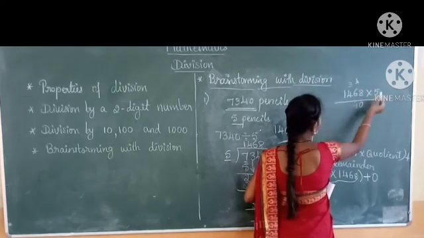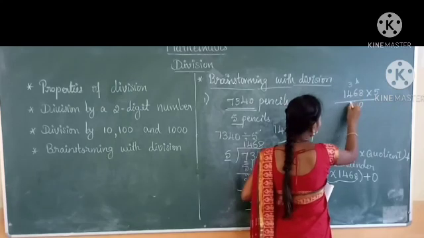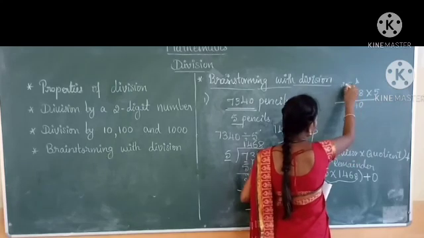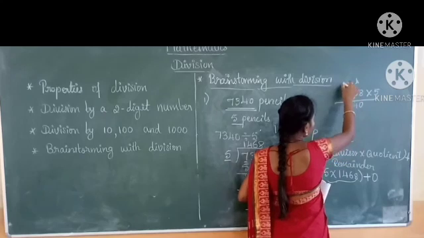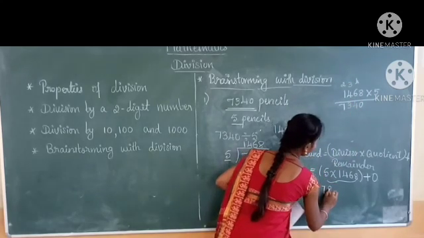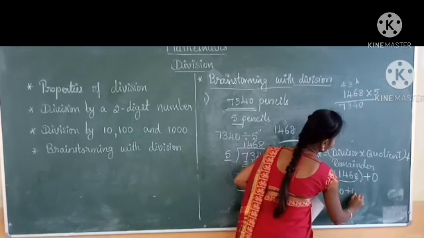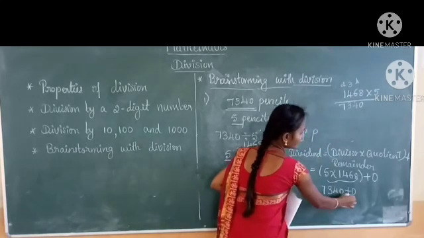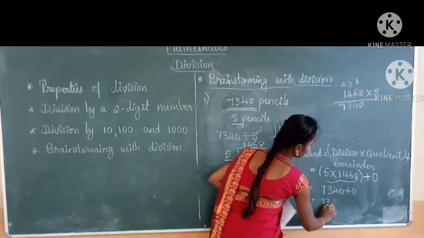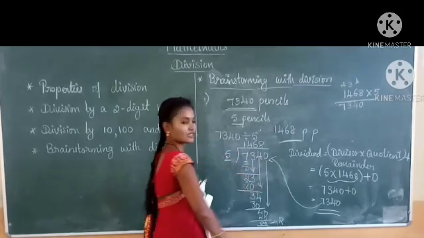Write 4 and take 3 as carry. 5 4s are 20. 20 plus 3, 23. Write 3. Take 2 as carry. 5 1s are 5. 5 plus 2 is 7. So write this here. 7340 plus 0 is 7340. So this is same as this.